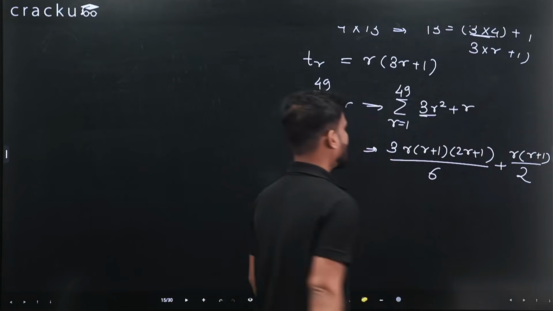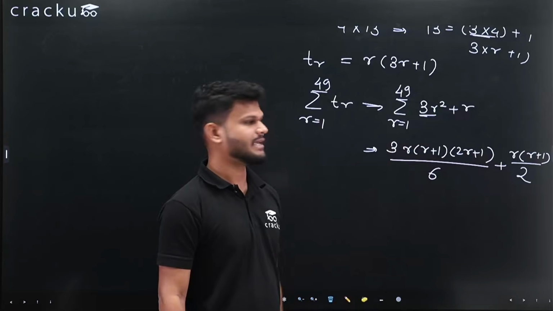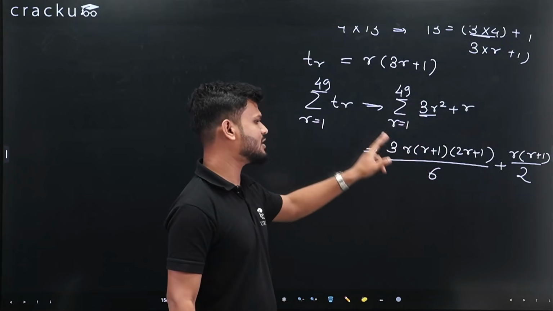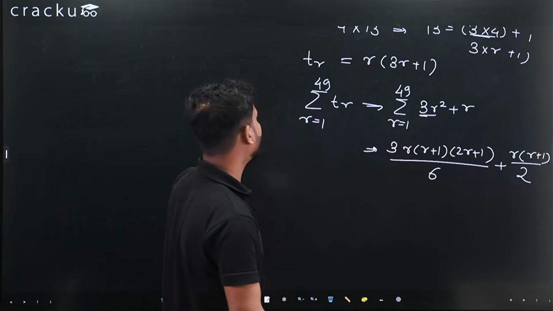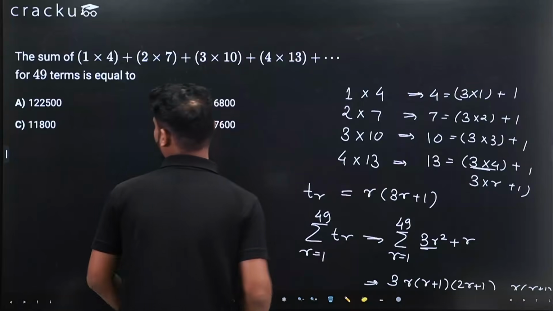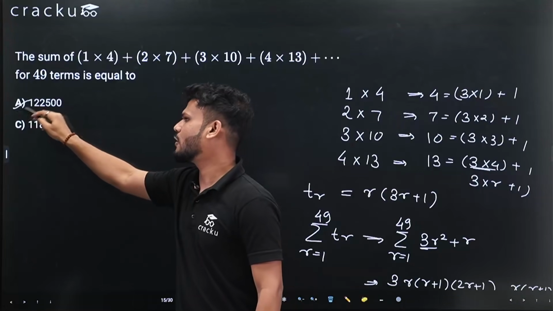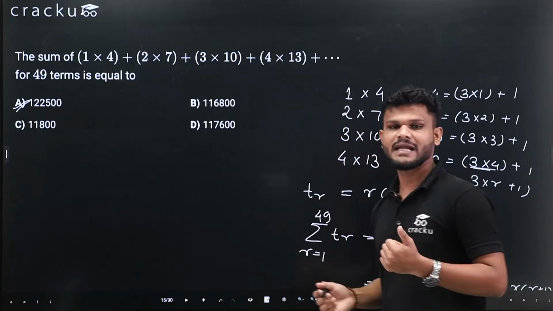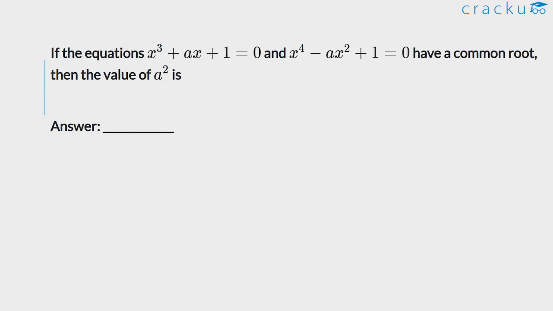Divided by 2. And you need to put 49 here. In place of r, put 49 because we have to find the sum till 49. If you put r equals to 49, your answer will come up to option number A. So option A is the correct choice here.